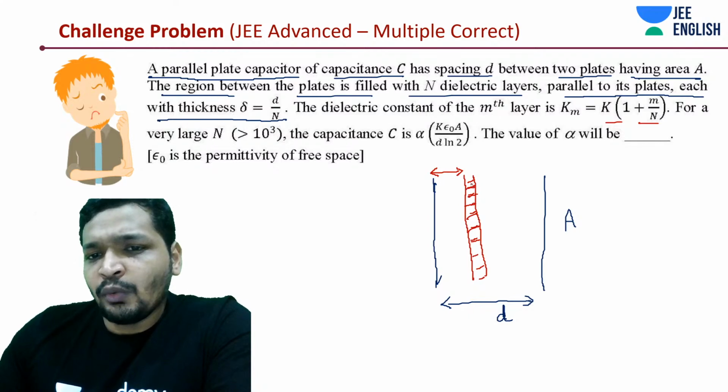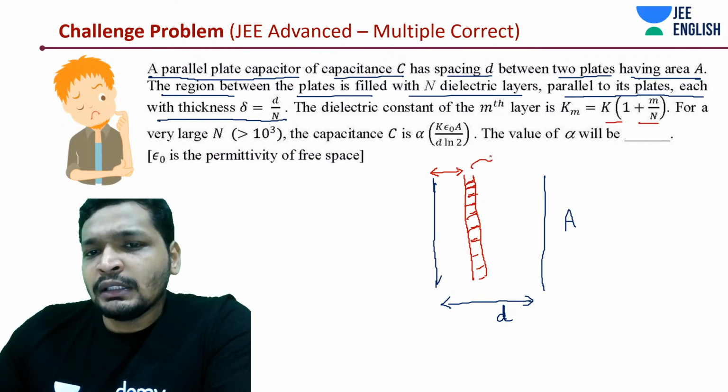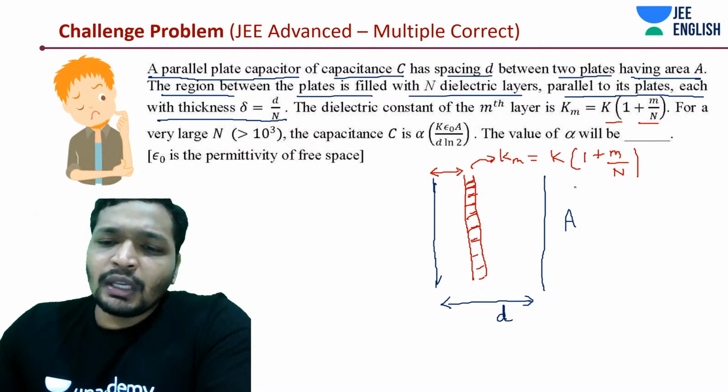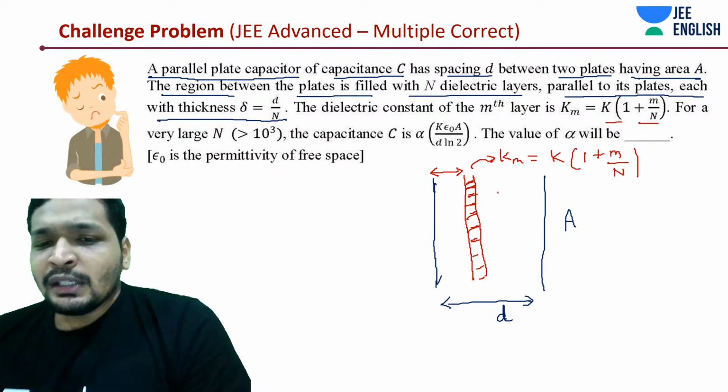What is the dielectric constant of this layer? If I call this the mth layer, it is K into 1 plus m by n.